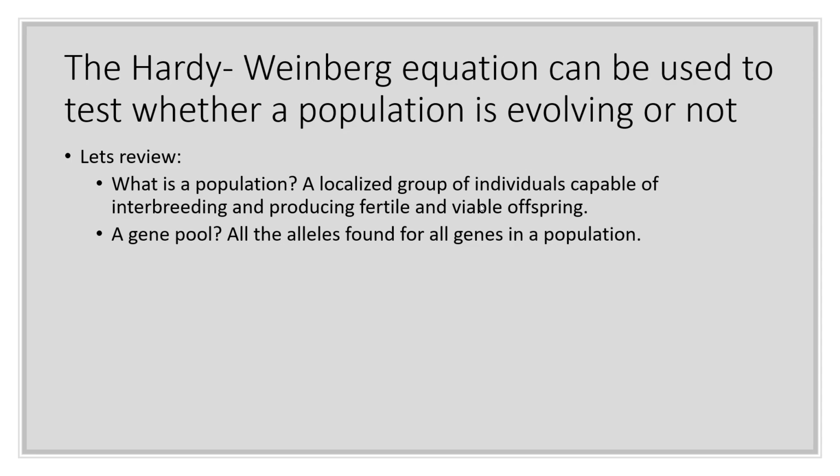The mule, though, is not fertile. It cannot have offspring of its own. This is an indicator that those two are not the same species and therefore not the same population. However, two horses can mate and their offspring are fertile and can produce viable offspring, so we would say these two horses are of the same population.